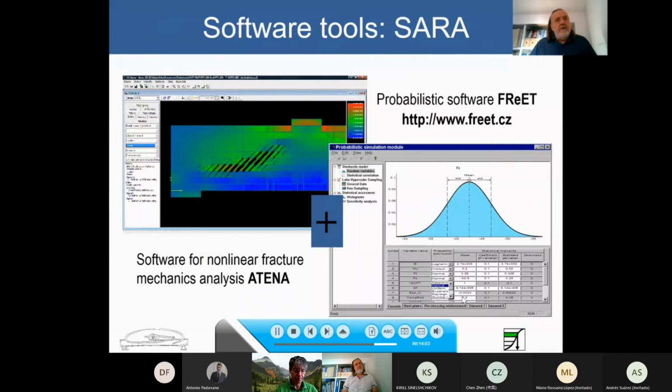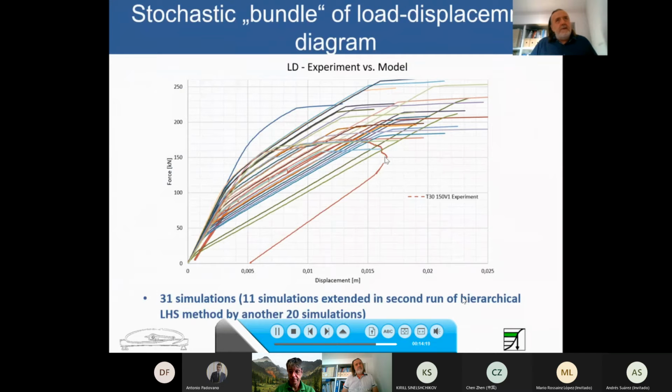Well, in order to be able to perform sensitivity analysis, our software was combined with finite element software Athena under the umbrella of software SARA. And this is actually the result of 31 simulations where there is an ultimate capacity, force-deflection diagram, and these limiting values actually represent the ultimate capacities of the girders.